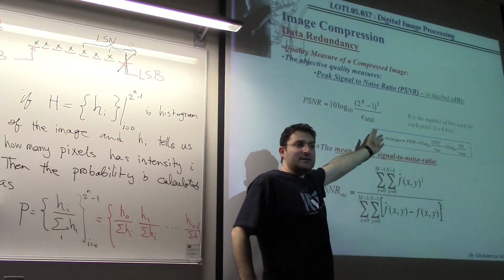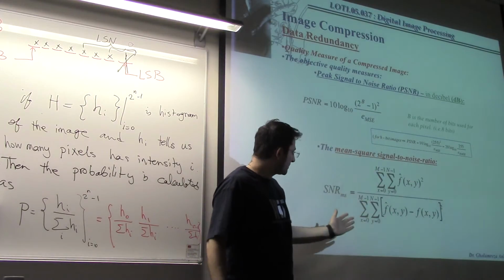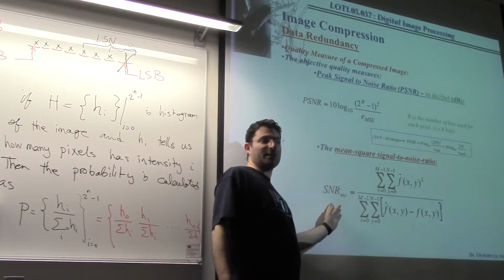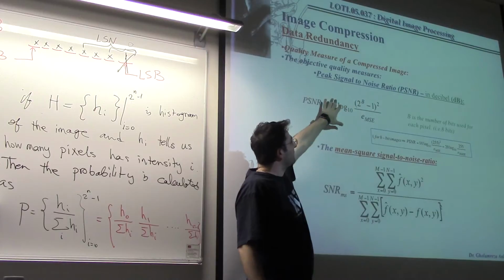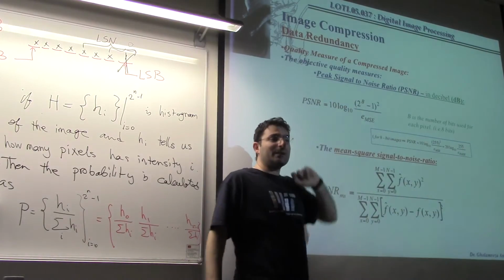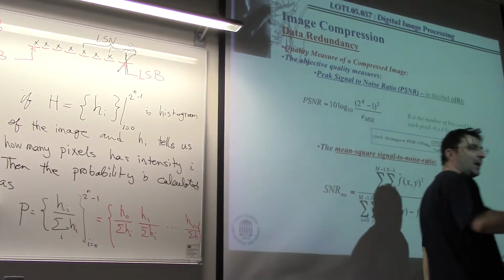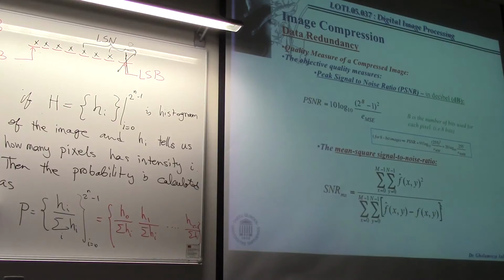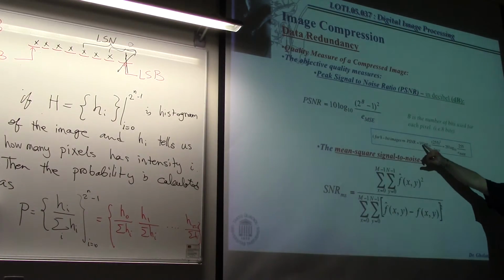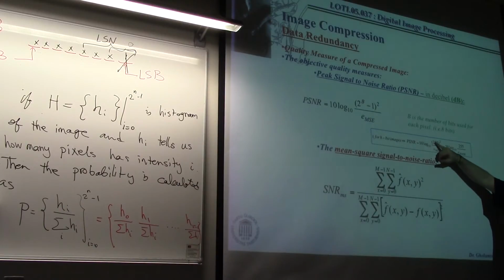People in signal processing and communication care about SNR, the signal to noise ratio. This is for your information, and this is how we do it. By default, all the images that you have are 8-bit images, unless I tell you otherwise. If you have an 8-bit image, the PSNR is 10 log10 of 255 squared divided by the mean square error.